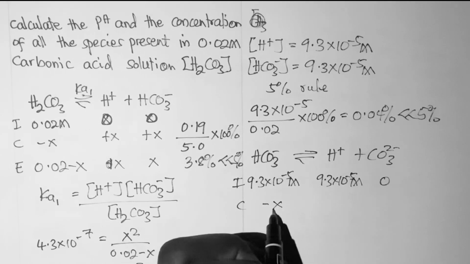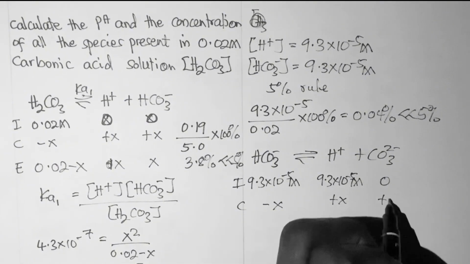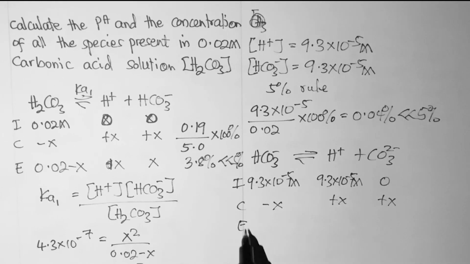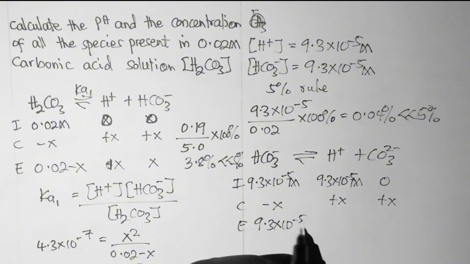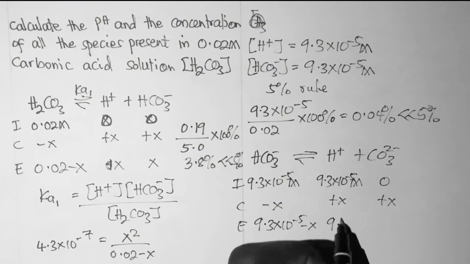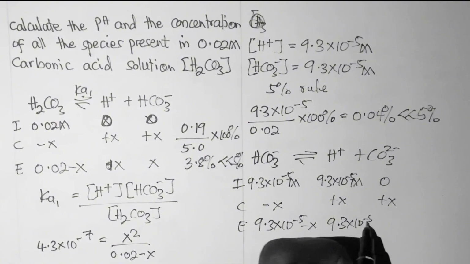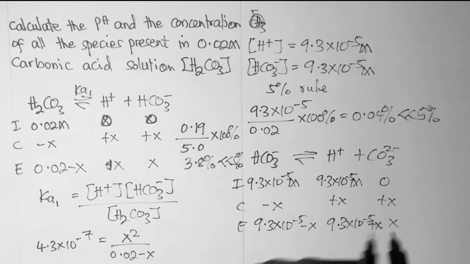Now the change here is minus x, here is plus x, and here is also plus x. So the equilibrium concentration here is 9.3 times 10 exponent minus 5 minus x, here is 9.3 times 10 exponent minus 5 plus x, and here is plus x.